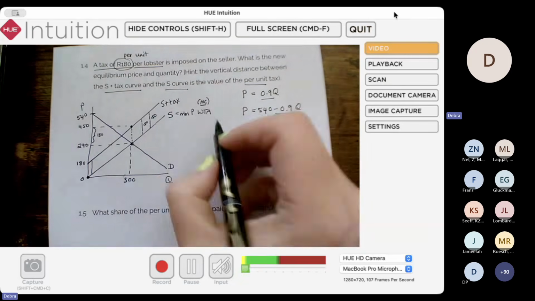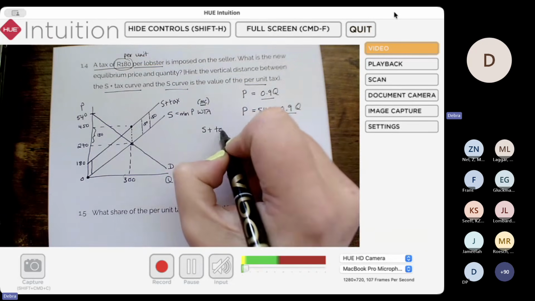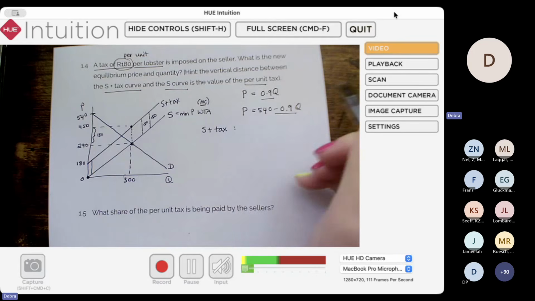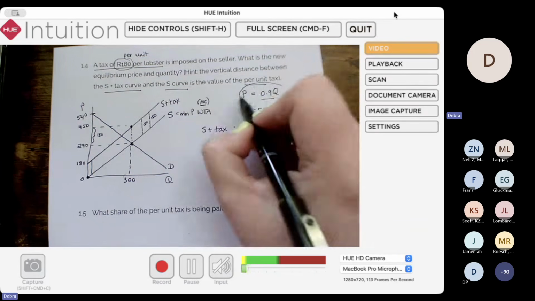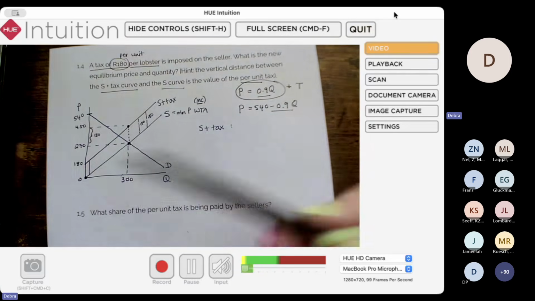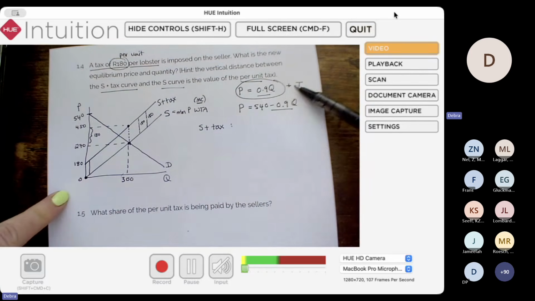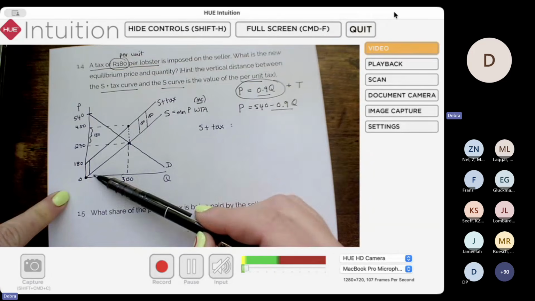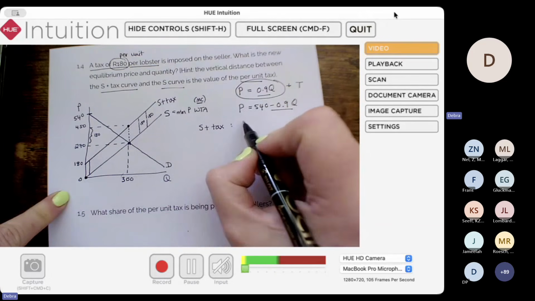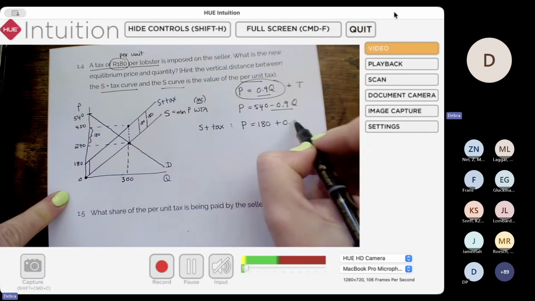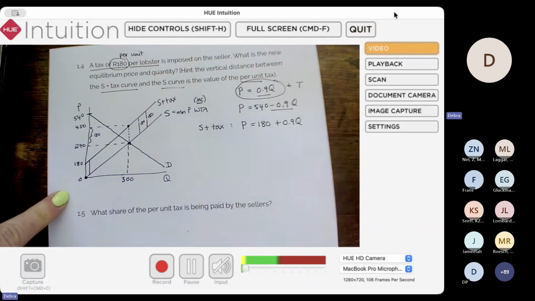So then my supply plus tax curve is going to have the following function. It is going to be the supply curve plus the tax. So we're just increasing the intercept by the value of the tax. In this case, the intercept is 0, which means the supply plus tax curve simply becomes price equals 180 plus 0.9Q.